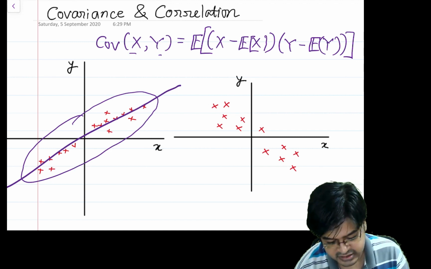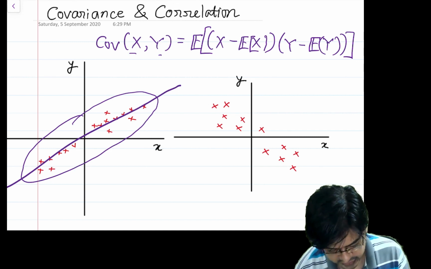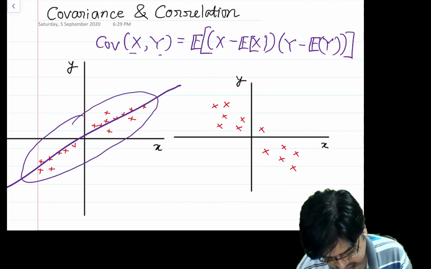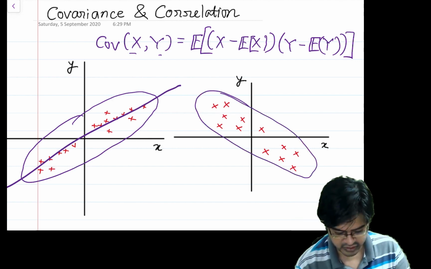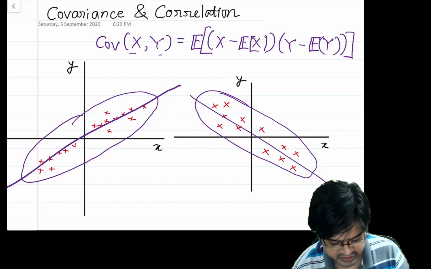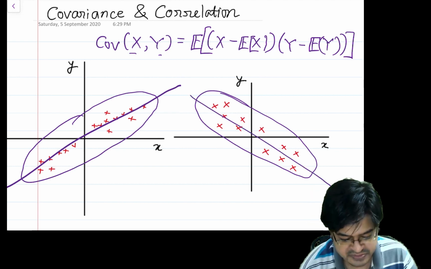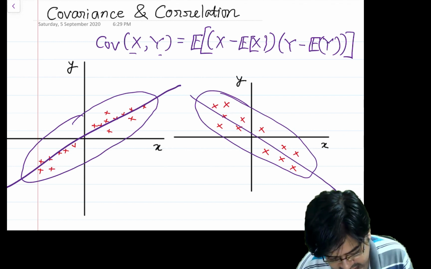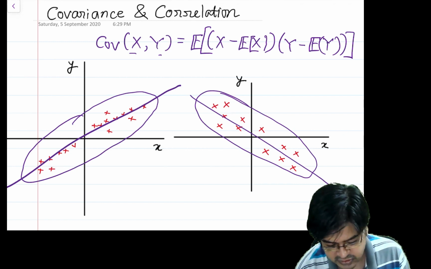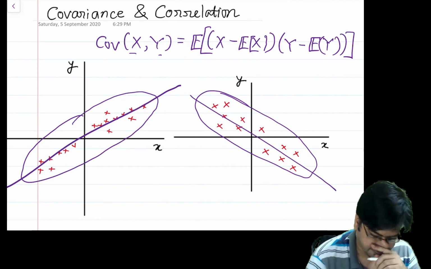In this diagram, you get this kind of circle, and if you try to pass a straight line which best fits these points, which you generally do using the least squares method, then you will get this kind of line, and the slope of this line will be negative.